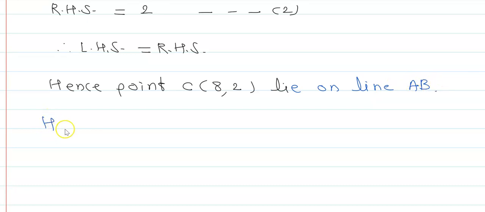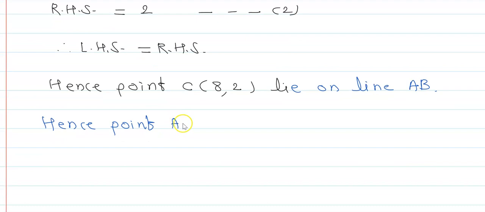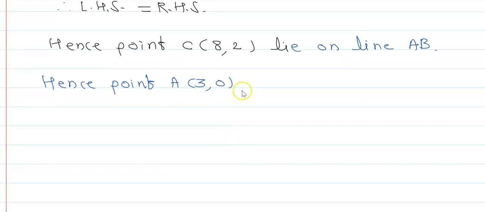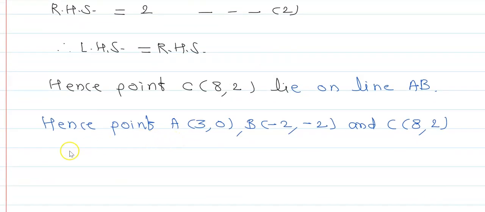Hence the first point A (3, 0), B (-2, -2), and C (8, 2) are collinear points.